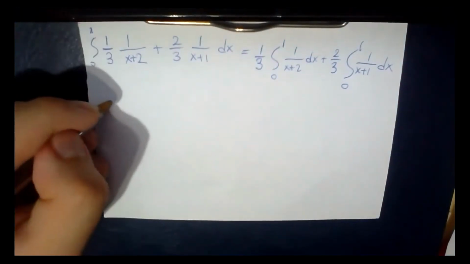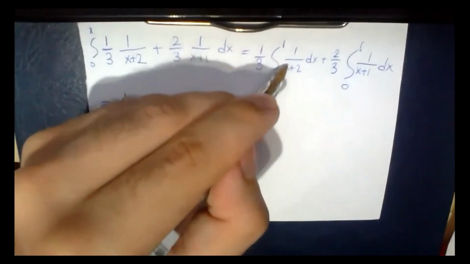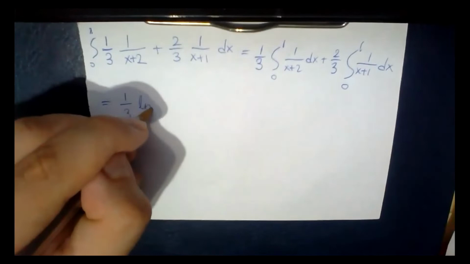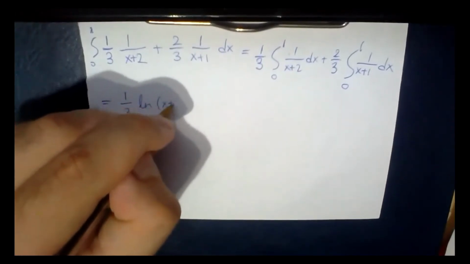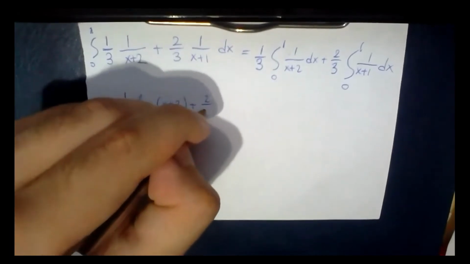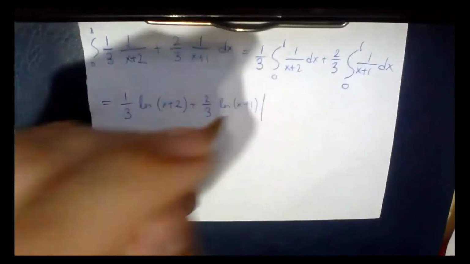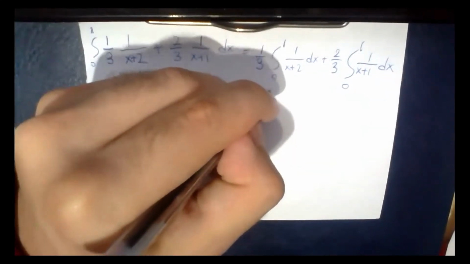And then the result will be 1 over 3 times the integral of 1 over x plus 2, which is ln of x plus 2, and plus 2 over 3 times ln of x plus 1. Then we evaluate them from 0 to 1.